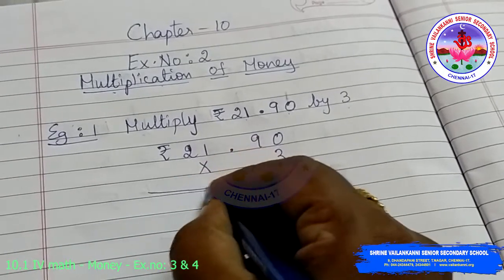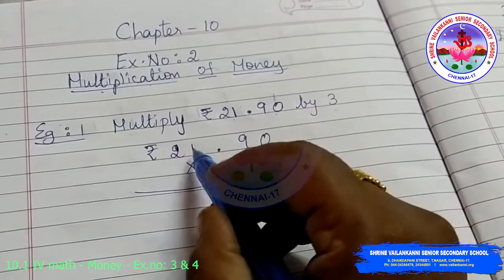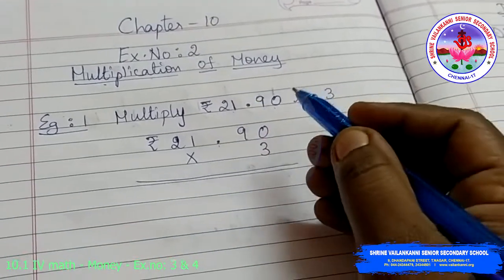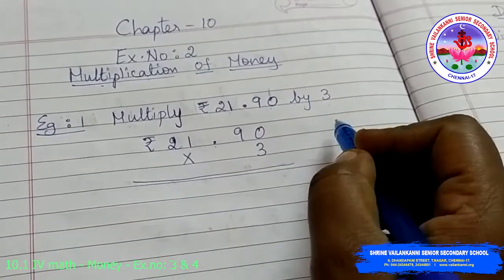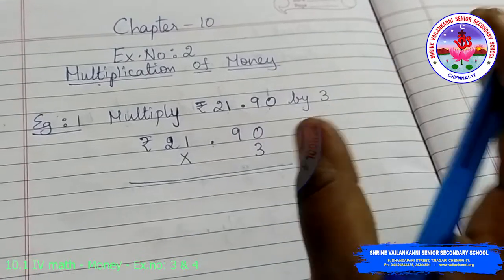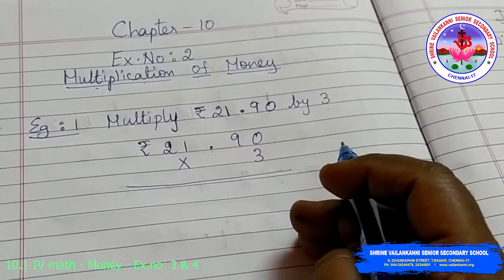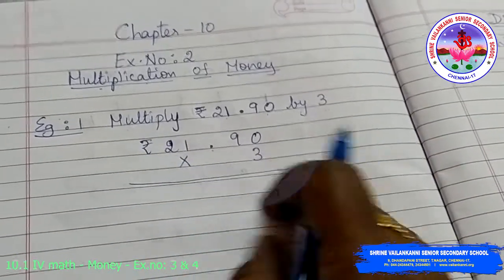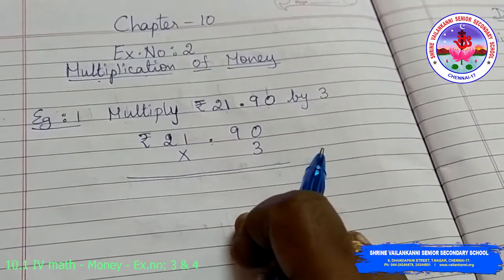Here the amount is in decimal. You know how to do multiplication without decimal, so with the same process we are going to multiply, and after getting the answer, we are going to include the decimal in the answer.